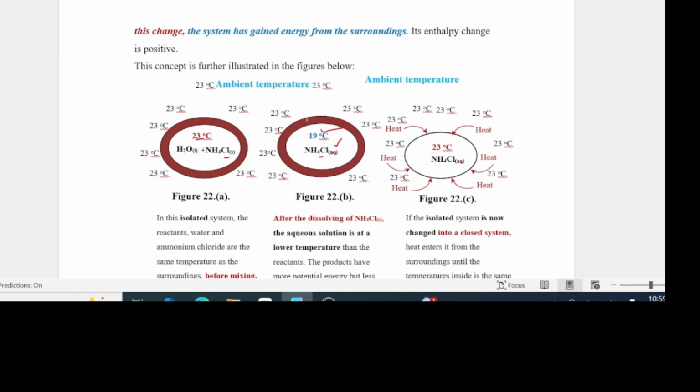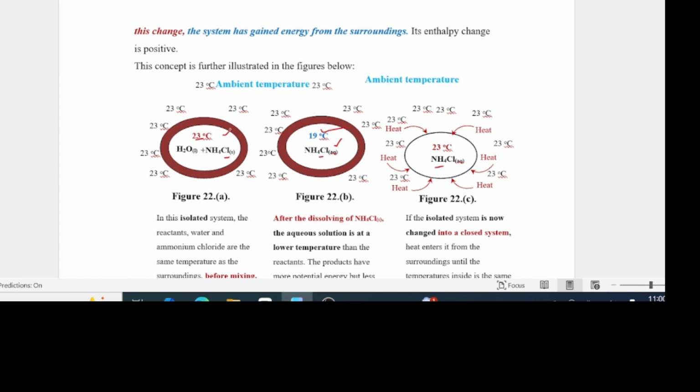However, if someone decides to change this from an isolated system to a closed system where energy can enter or leave, because the system is at a lower temperature than the ambient temperature, definitely energy or heat will flow from the outside into the system until it attains the original temperature here.